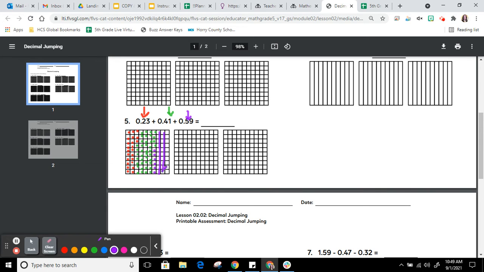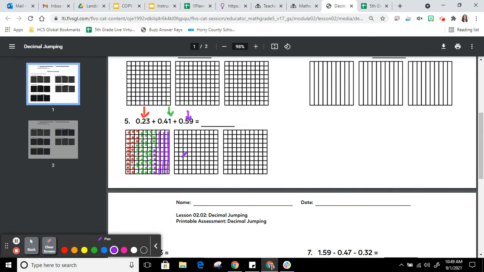Another 10 is 26. Another 10 is 36. Again, I've got my 6 hundredths here, and I need 59. I know each column is 10, so all I'm doing is adding 6 plus 10 plus 10 plus 10. That gives me 36, but now my big square is shaded in all the way.